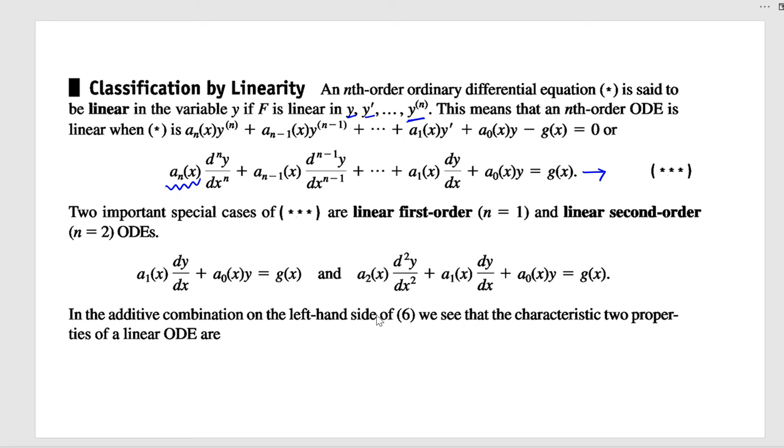That means you cannot have a function of y, for example y squared or y prime, as a coefficient. If these two conditions are satisfied, then we call it a linear differential equation.